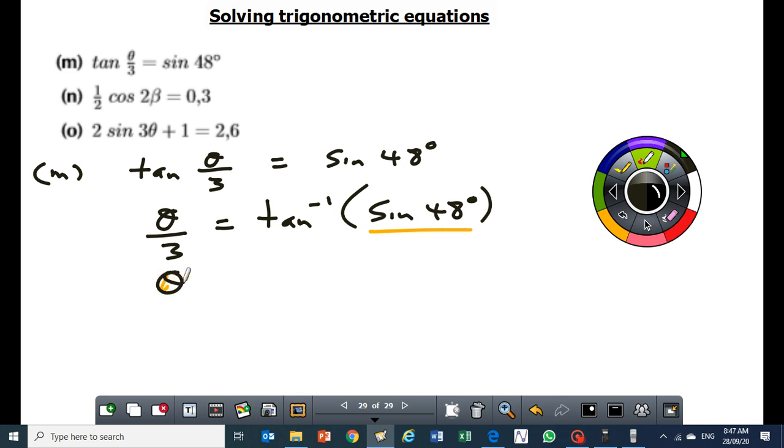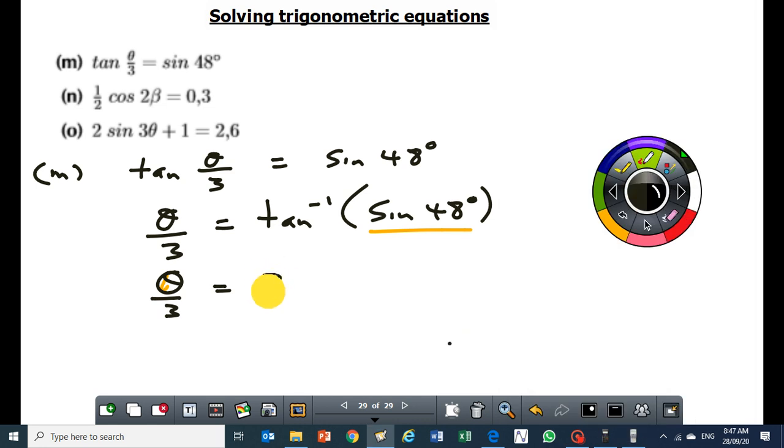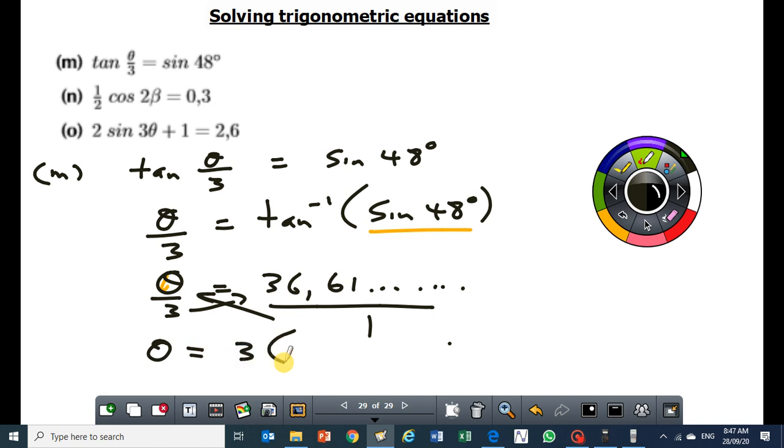I write 36,61... to indicate that there are other digits after the 1. Then the denominator there is a 1. Then you cross multiply. If you cross multiply, you will get theta equal to 3 times 36,61... up to whatever the number of digits.